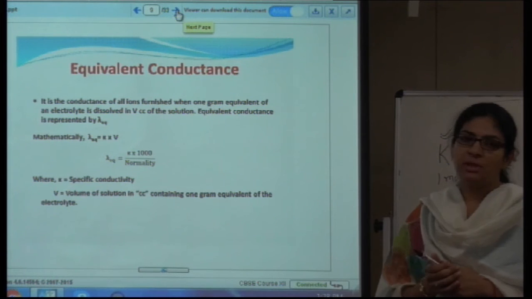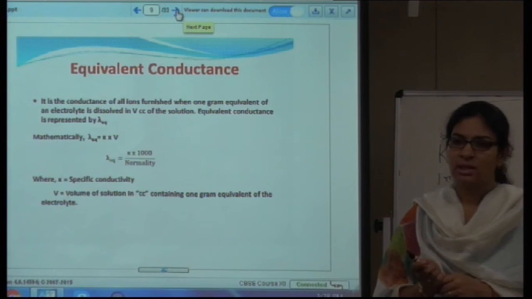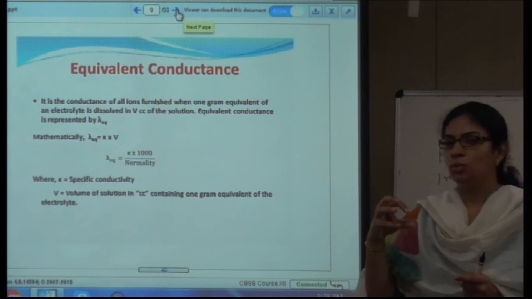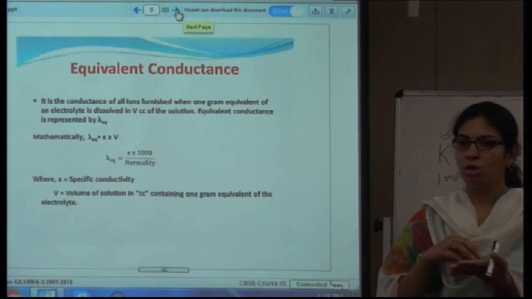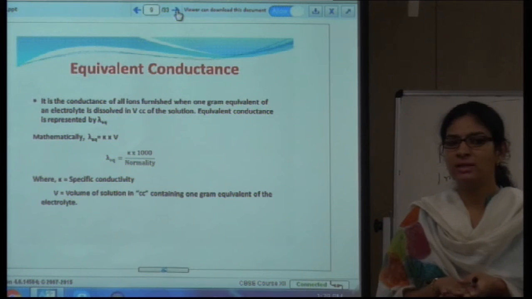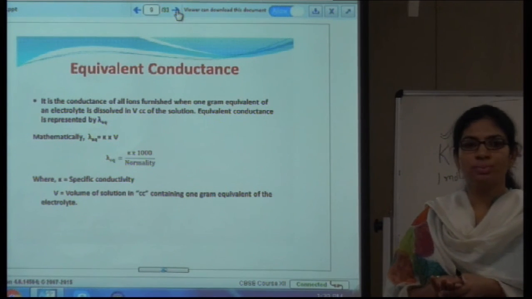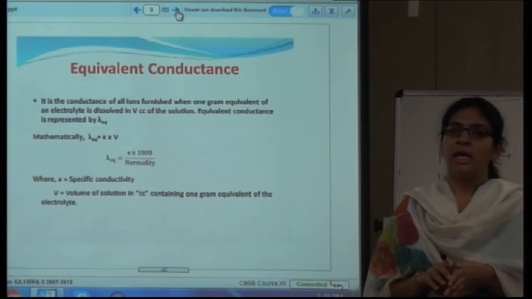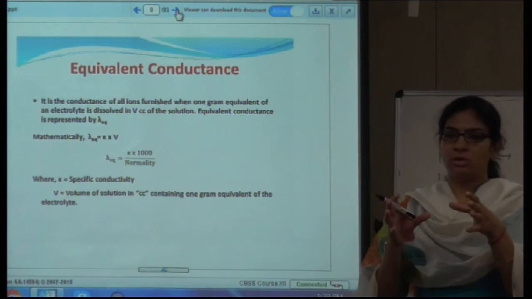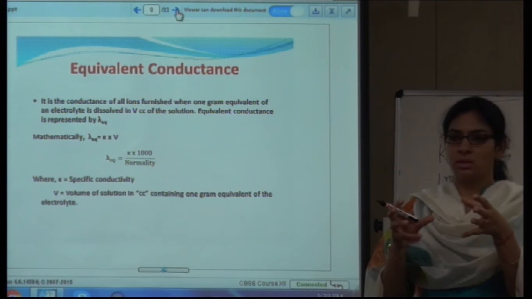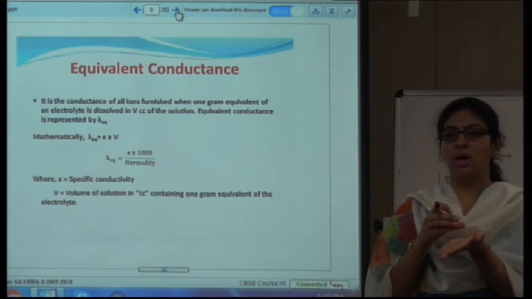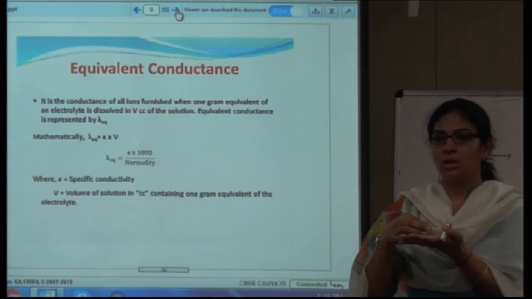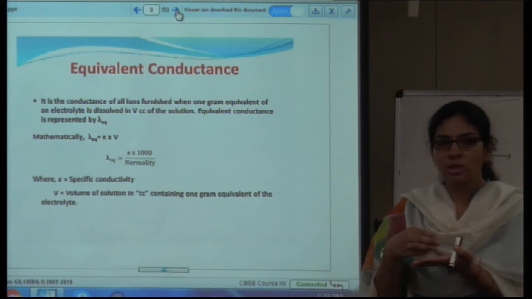And then we have equivalent conductance, right? Specific conductance means we specify the volume, that is 1 cc. 1 centimeter cube of solution is taken, and the conductance is known as specific conductance. Now, equivalent conductance, the name itself says that you are specifying the quantity of electrolyte. How much is the quantity of electrolyte?